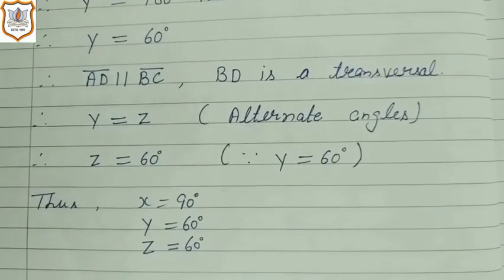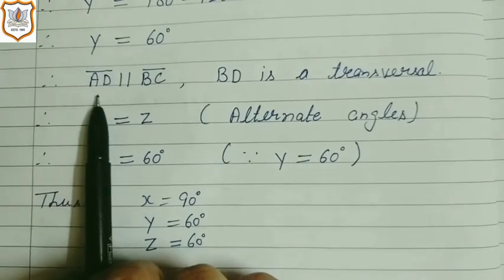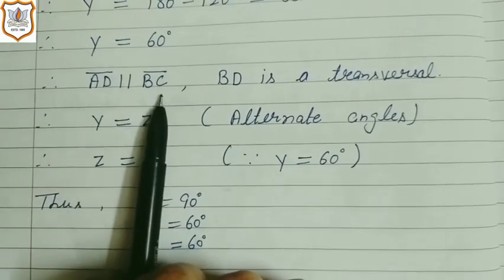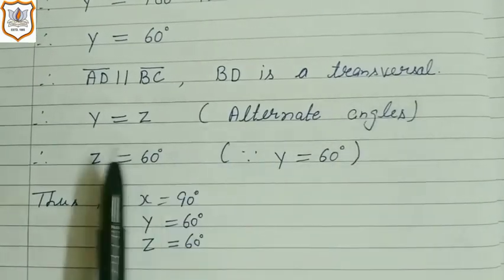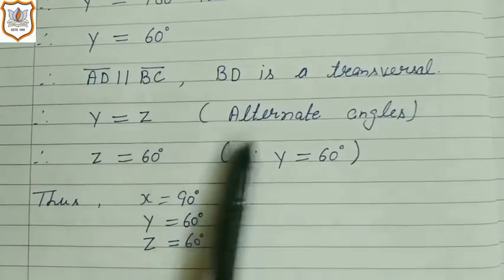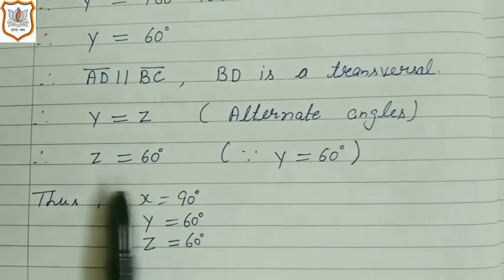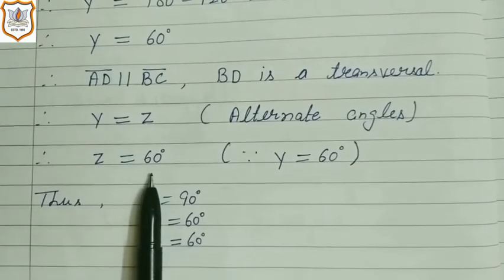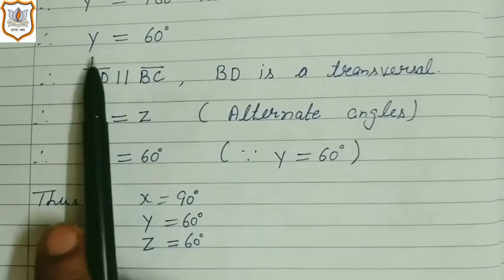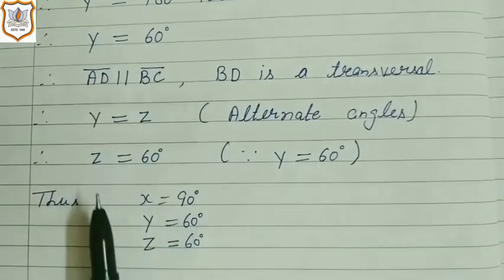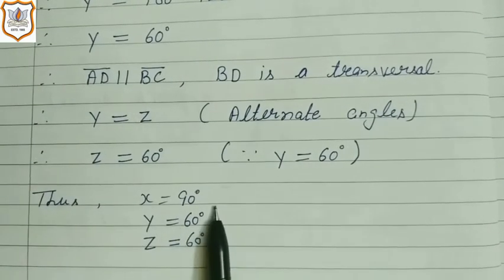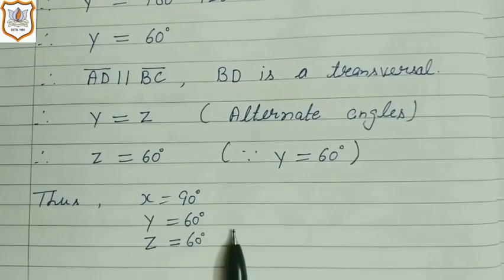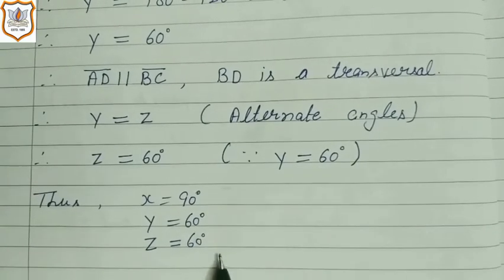So we write line AD parallel to line BC and BD is a transversal. So y is equal to z, alternate angles, z is equal to 60. Clear? Because the value of y is 60, z is also 60. Thus x is equal to 90 degrees, y is equal to 60 degrees and z is equal to 60 degrees.